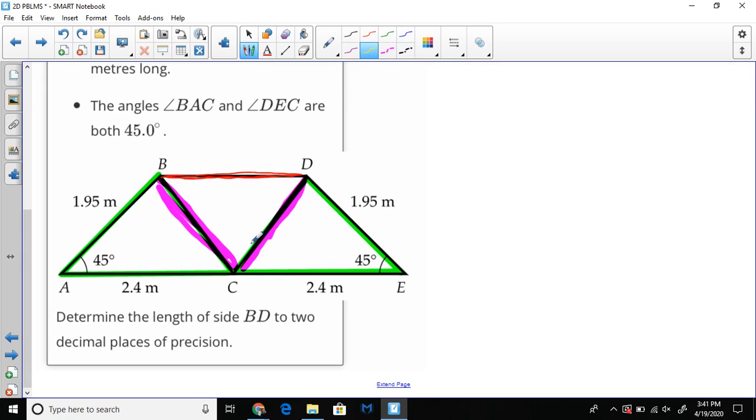I'm going to use some version of the cosine law once this is all said and done. But it'll take us a few steps. So let's just get started.